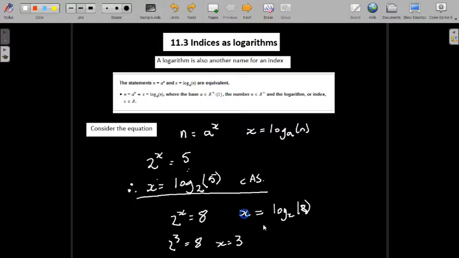Whereas instead of working it out this way, we would say x is log 2 of 8, and if we do that on our calculator, it would be 3. So basically when we see this, we're almost saying 2 to the power of what gives me 8. So the base to the power of what gives me 8. So that's what we're looking at.